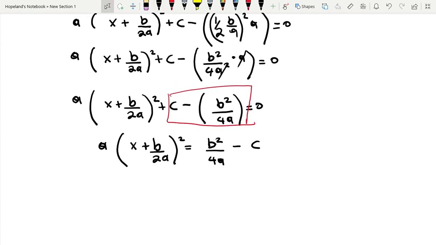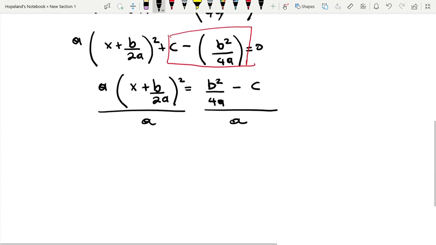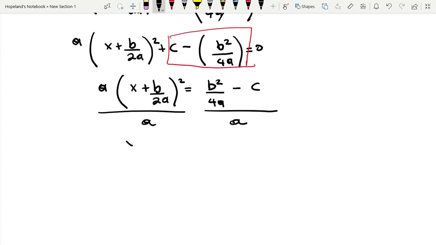After doing that, you want to divide both sides of the equation by a, and then you'll have x plus b over 2a all squared is equal to b squared over 4a squared minus c over a.